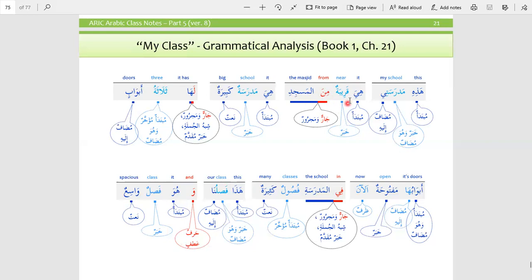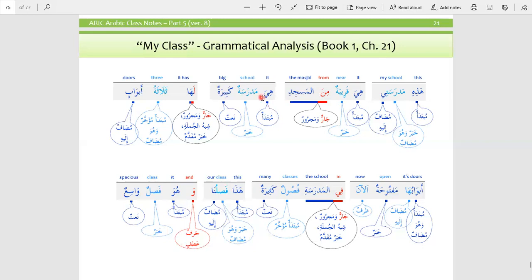So if you're asked what is the position of masjid, or to give an analysis of this sentence, hiya qaribatun min al-masjid, you say hiya mubtada, qariba khabarun, min is jarun wa majrurun masjid. So we will learn more of the concepts as we break them further and further.